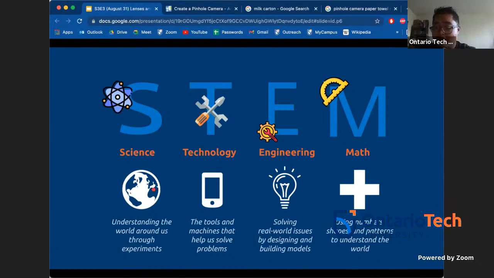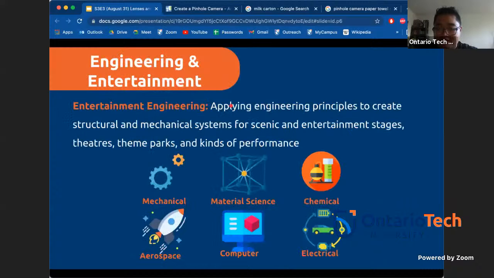And that's where engineering comes in. Engineers use science, technology, and math to solve real world issues and help make society a better place by designing and building models. To do that, they might be using math, being able to understand the numbers, shapes, and patterns that math has around us in order to understand the world.